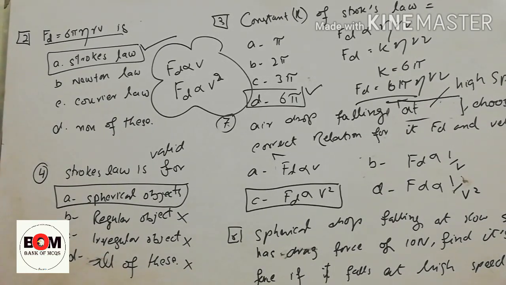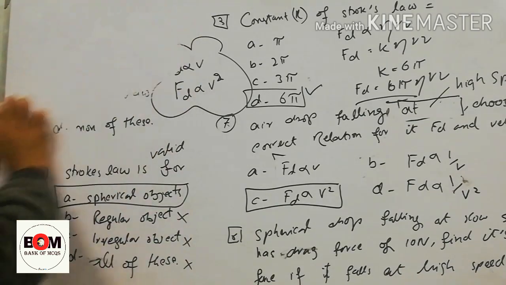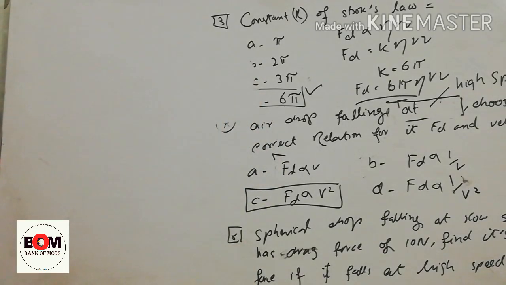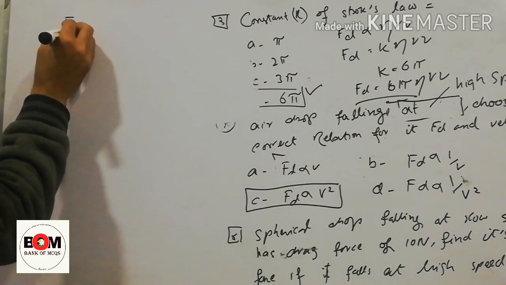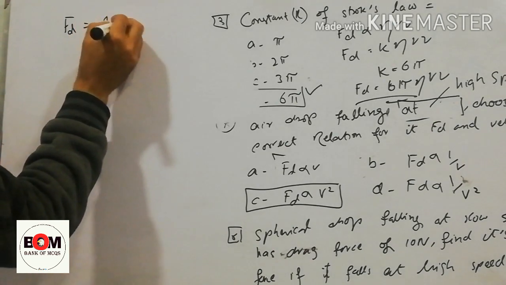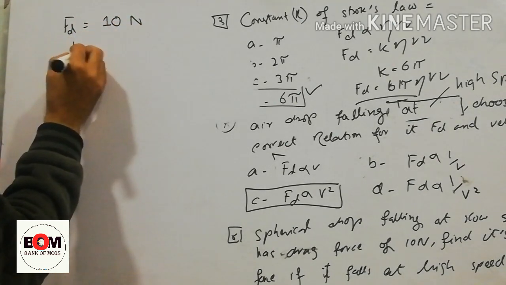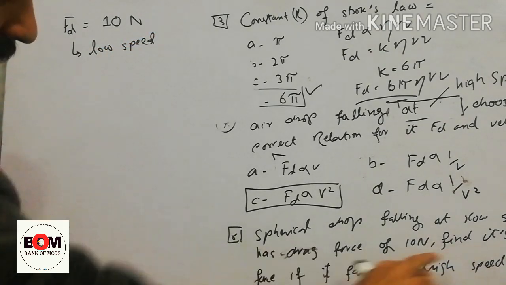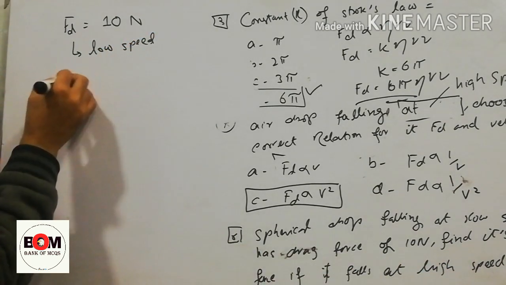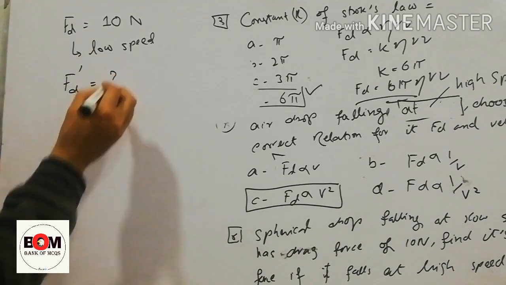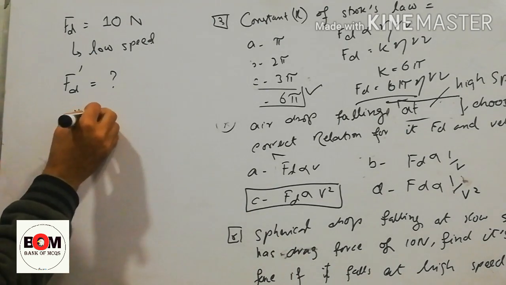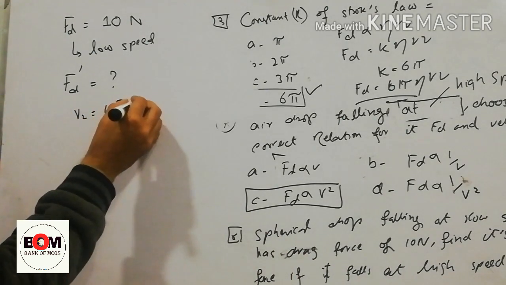I want to make space for the solution, so I will remove MCQ numbers 2 and 5 and also this point. We know that Fd in the given case is 10 Newton, which is at low speed, and we have to find Fd dash if the high speed v2 is 4 times of vi.